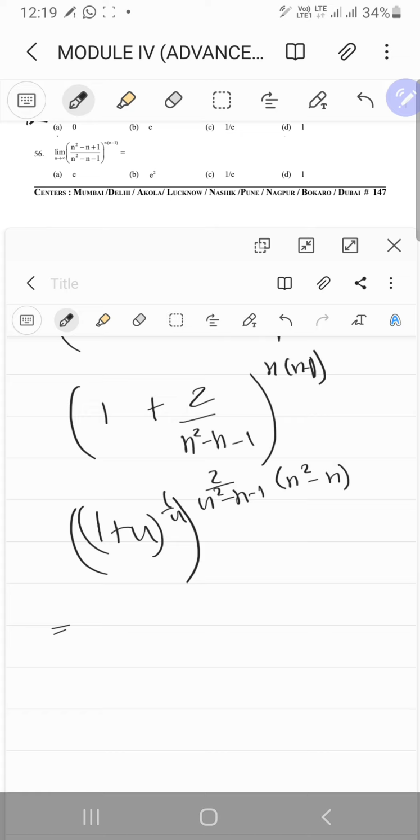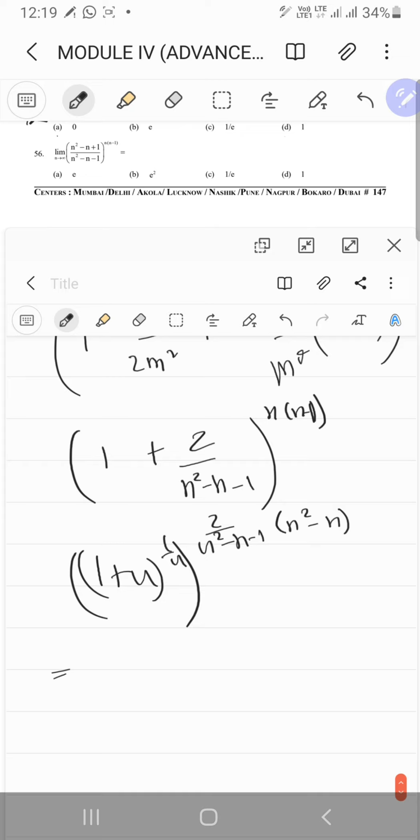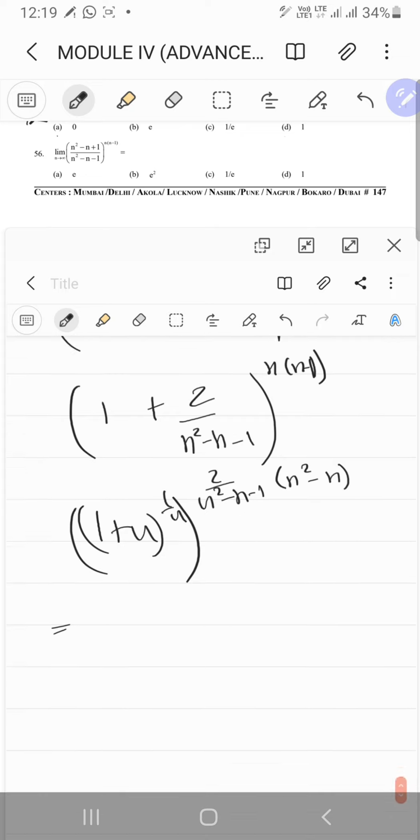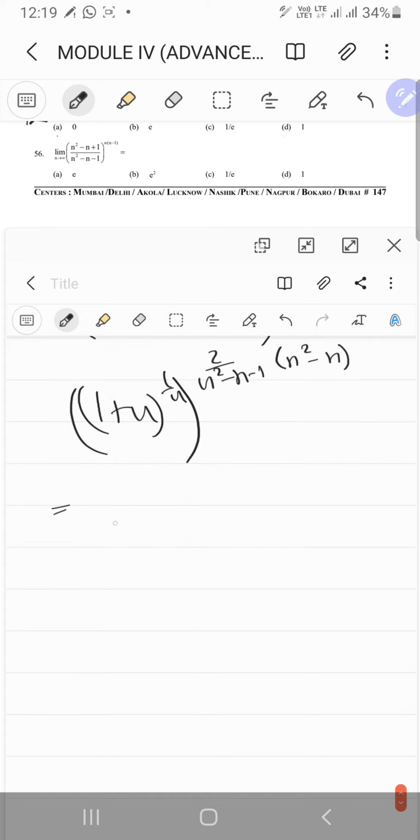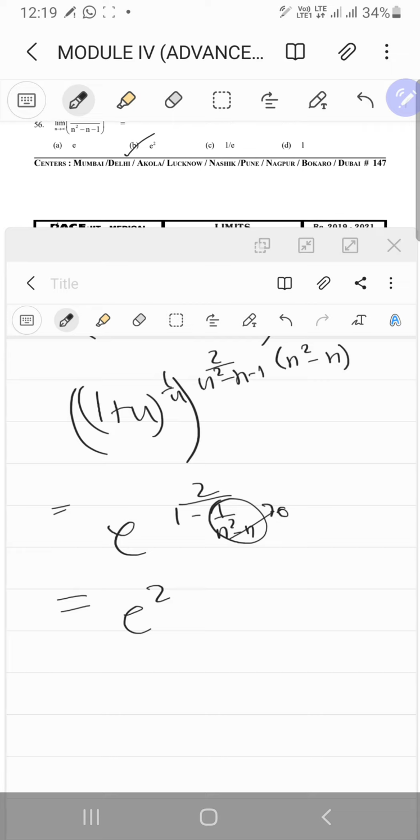N approaches infinity, so n squared minus n, that thing also approaches infinity, right? Because it's like n into n minus 1. So yes, infinity times infinity is infinity, obviously. So this is like e, and this thing is 2 upon 1 minus 1 upon n squared minus n. So 1 upon infinity, 0. So it's just 2 upon 1, which is 2. So it should be e squared. This was easy. Next question.